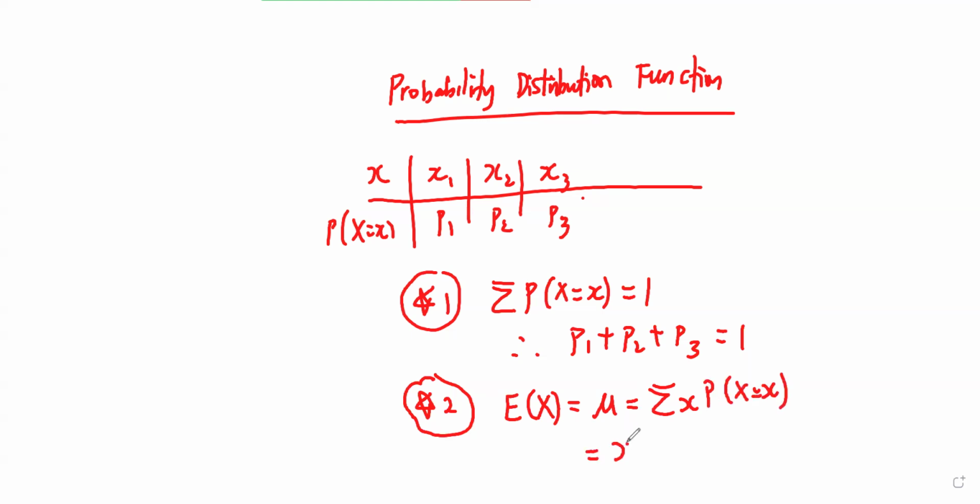Therefore, you will have x1 p1 plus x2 p2 plus x3 p3. So this is basically the formula to evaluate the expectation, the mean, of a probability distribution function.